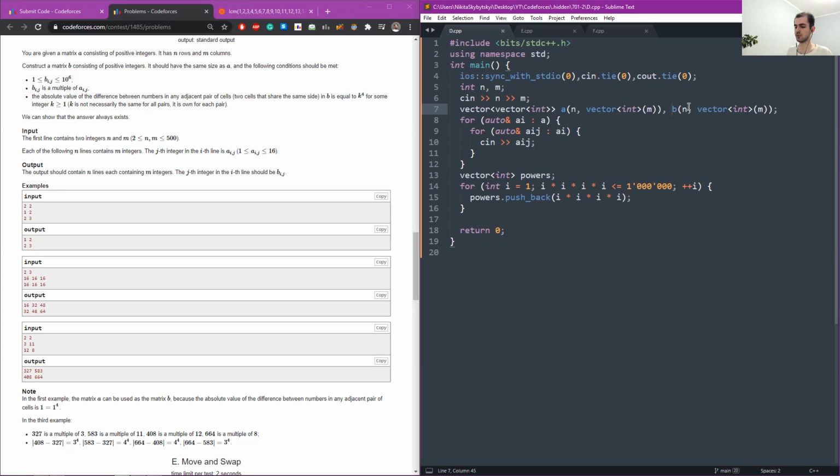So then I'm going to phrase the issue like B1A1 plus or minus K to the fourth should equal XA2, from where I can derive like this, and A2 is at most 16.